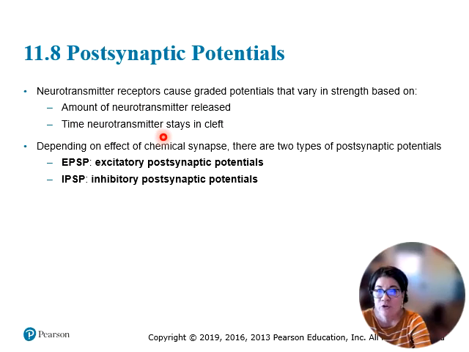And then how long the neurotransmitter stays there. So if it doesn't get chewed up by the enzymes or reuptaken, it can cause more of a stimulus. So there are two different kinds of postsynaptic potentials. There's excitatory postsynaptic and inhibitory postsynaptic potentials.